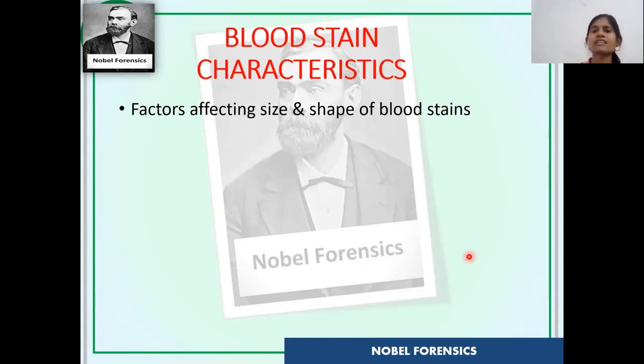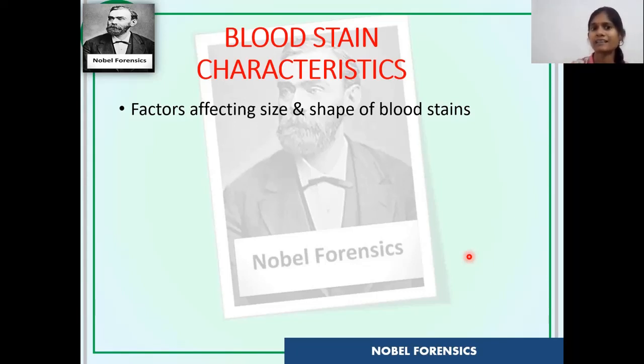For example, if 1 ml of blood falls on a smooth surface like glass, it will definitely form a round shaped blood stain. But if the same 1 ml of blood falls on an absorbent surface like paper or cloth, it will not definitely form a round shape, because some amount of the blood will get absorbed into the paper or cloth.